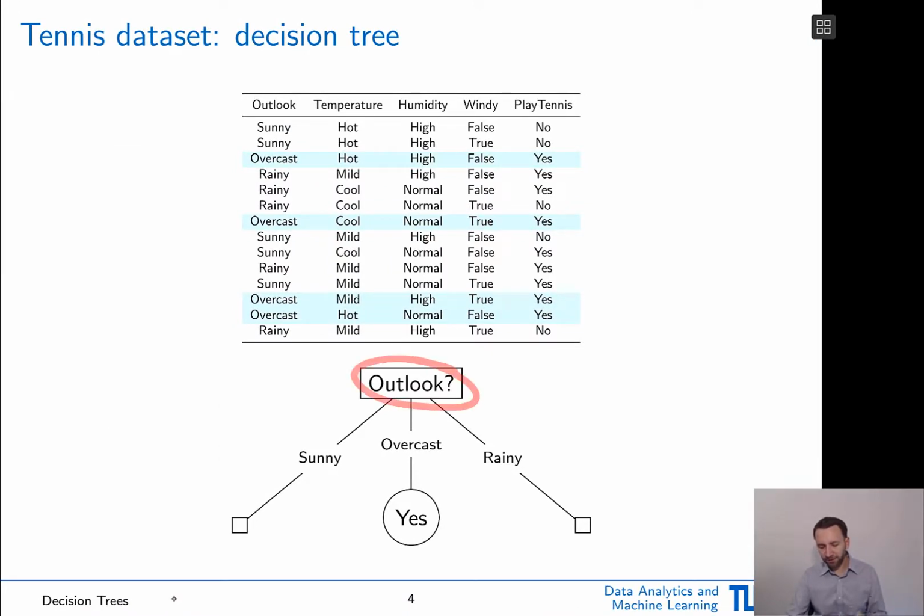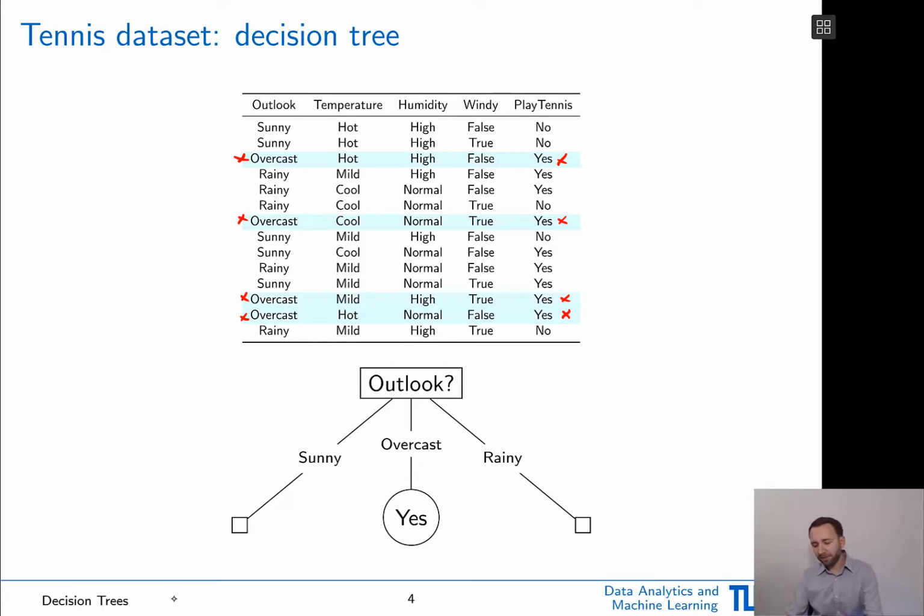Okay. So here we can see it in this simple example. The first question could be, for example, what is the outlook? And here we have three answers, not just yes and no. So we have sunny, overcast and rainy. And what we see is, for example, in the overcast setting, which is here, here, here, and here, the answer in the training data was always yes.